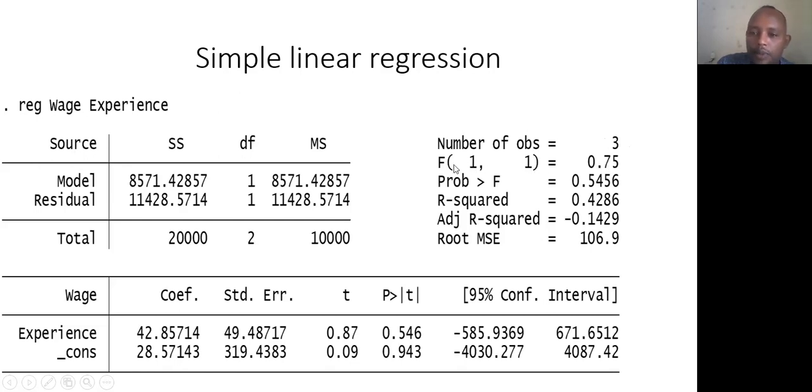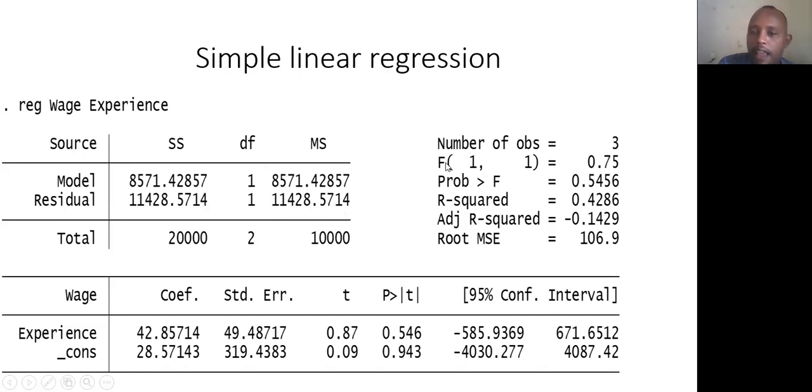And the F test. How can we derive the F test? The F test is obtained by dividing the model's mean square value by the residual's value. What does it mean? The explanatory power of the model divided by the relative power of the residuals.